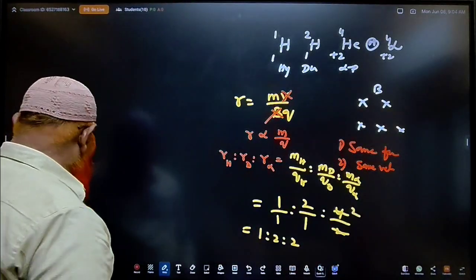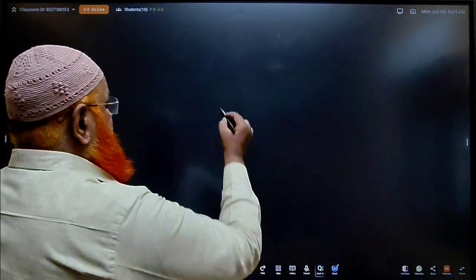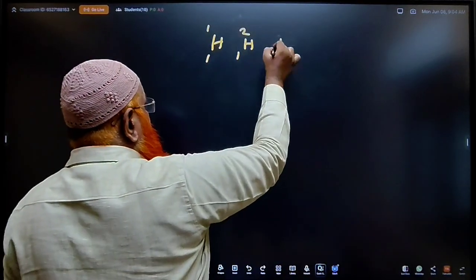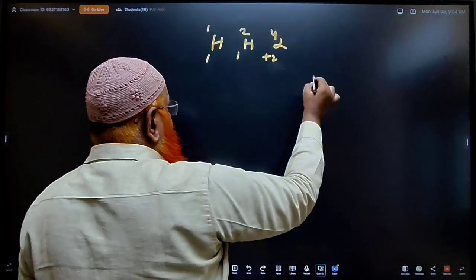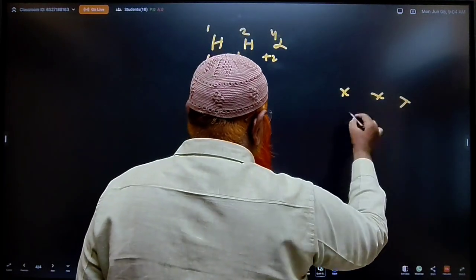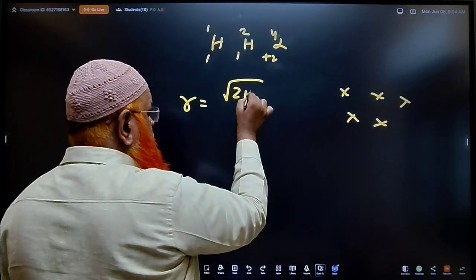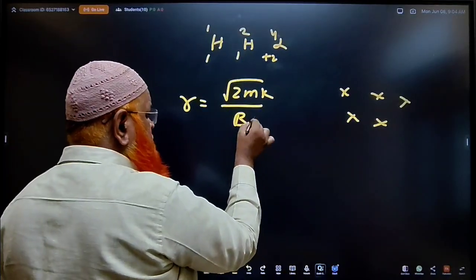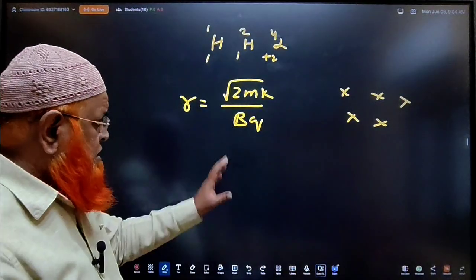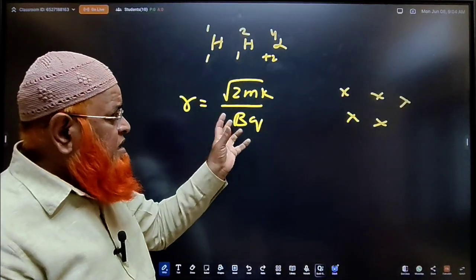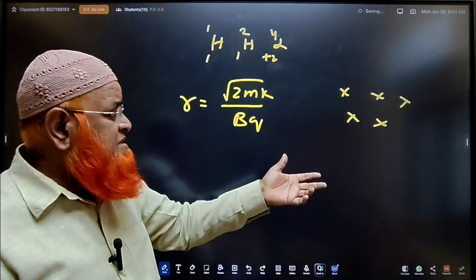Next, one more problem. What type of problem may be given? If hydrogen, deuterium, and alpha particle enter into the field, we consider the formula R is equal to root 2mK by bq, which is one more formula, since momentum is root 2mK.